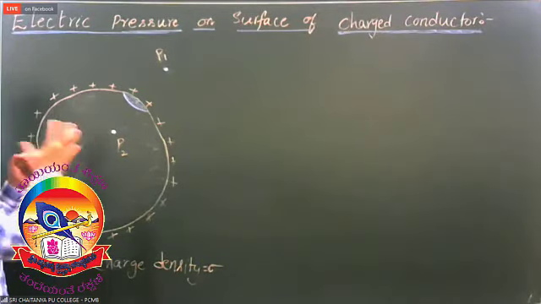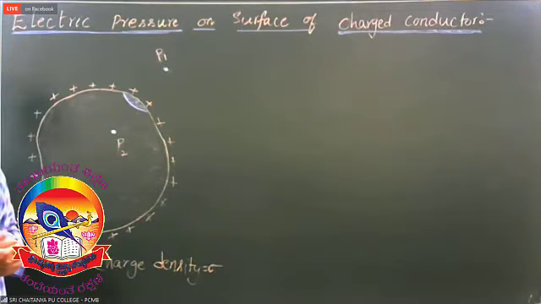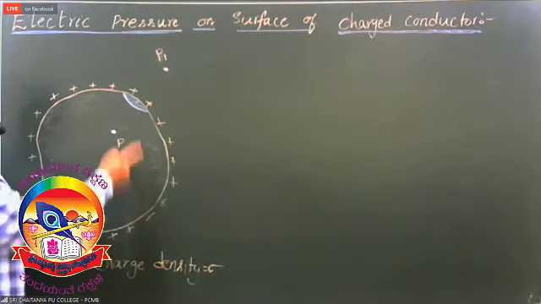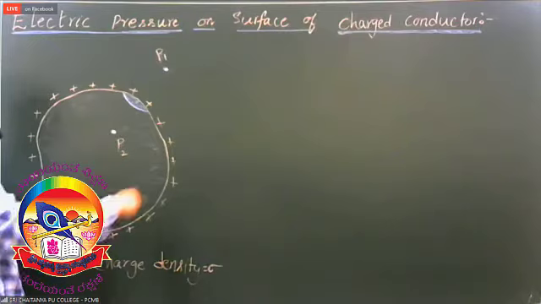Is there any force acting on the conductor? Is there any pressure acting on the conductor? That is our discussion. Well, see, whenever this charge is distributed uniformly, this is totally positive charge.